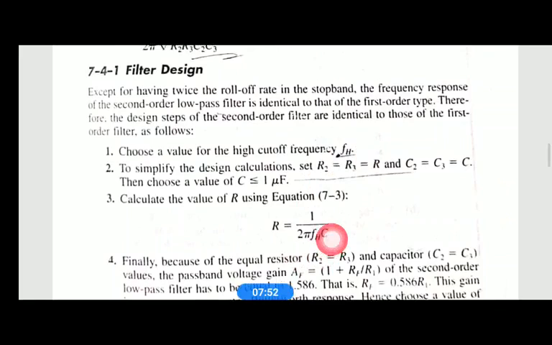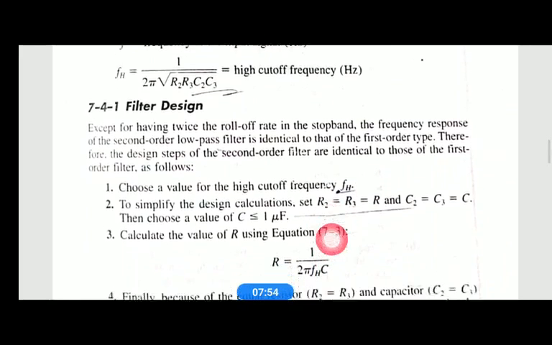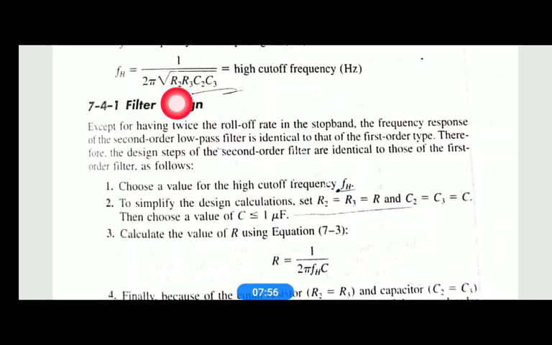So according to the formula, if you replace R2 and R3 with R, and C2 and C3 with C, then R square here, C square here, root of R square C square.